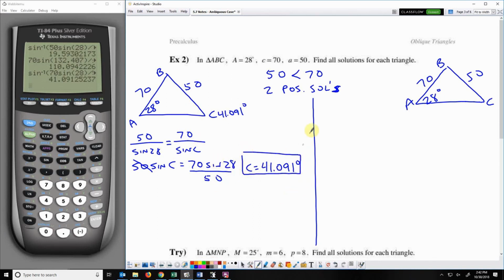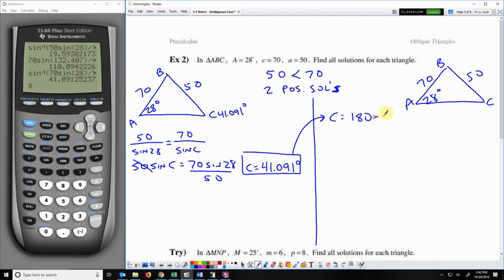Now, I'm going to start the next one by using this. And then I'll come back and finish this side before I finish the other. Okay, so to get the other option for angle C, I find the supplement of 41.091.